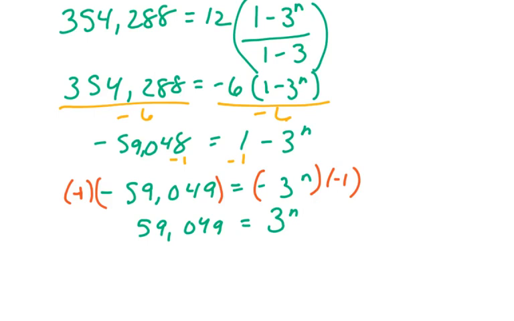And then we're going to be using logs again. So you can use base 3. I'm going to go ahead and use natural log this time. That allows us to bring our exponent out front.